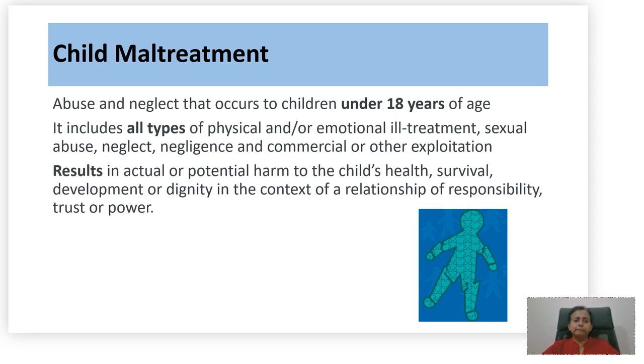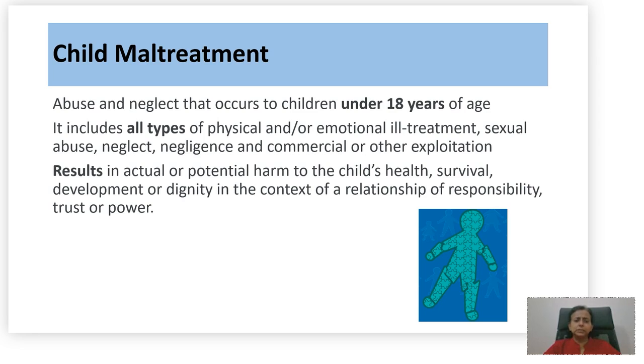If you look at the definition, child maltreatment is abuse or neglect that occurs to children under 18 years of age. It includes all types of physical and emotional ill treatment, sexual abuse, neglect, negligence, and commercial or other exploitation.